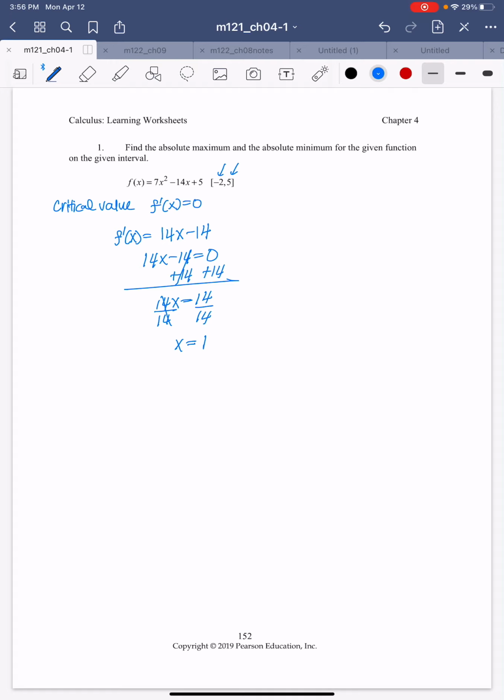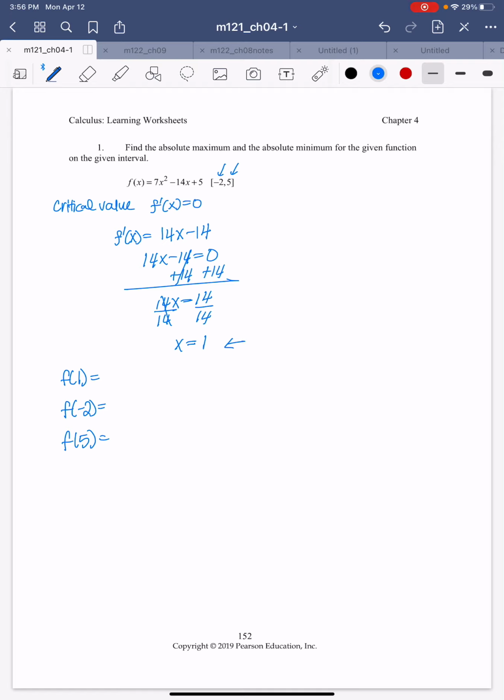My critical value is one of them, so I need to consider f of 1. I also have to check my endpoints, since it is possible that the maximum or minimum occurs at an endpoint. So 3 values to check: the critical value, which is x equal 1, and the endpoints -2, and then 5.